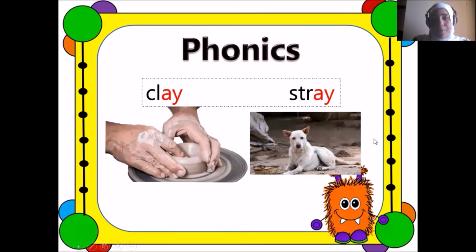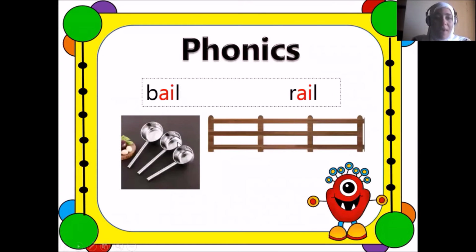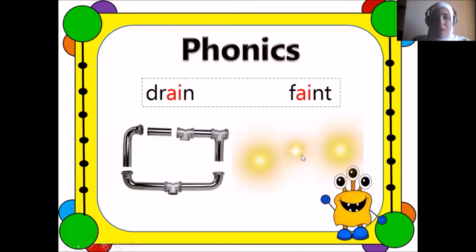You have no home. Bale, we use these to have scoops. This is the rail of the fence. And a drain. I have the water drain here, the duct which allows the water to pass.